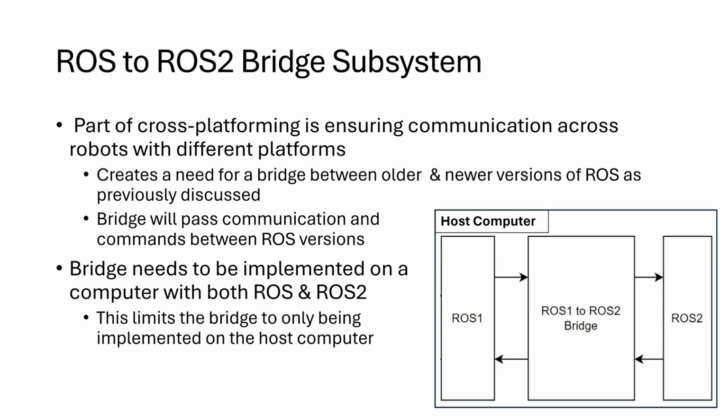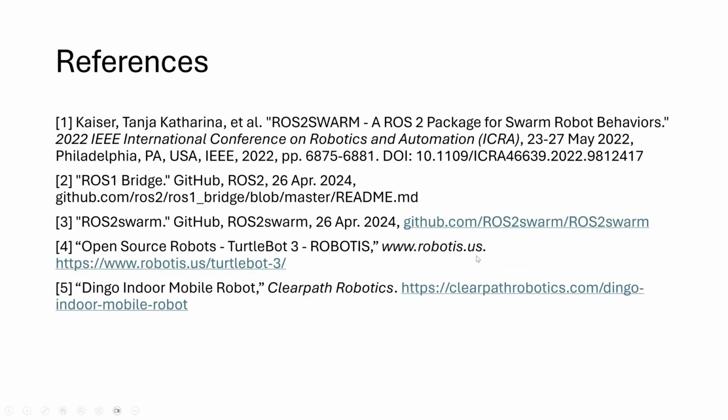And then it'll send the data to the node on ROS2. And so our references primarily come from the ROS2 Swarm package, which they wrote a research paper on and posted into the IEEE conference, and also some GitHub repos that discuss ROS2 Swarm and ROS Bridge.